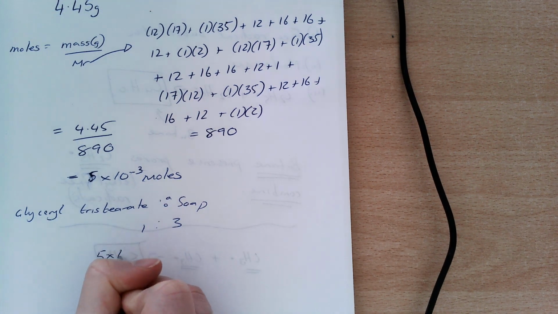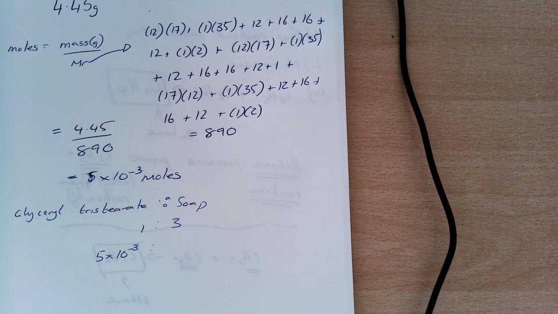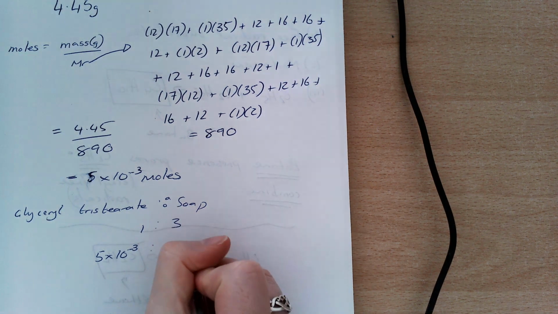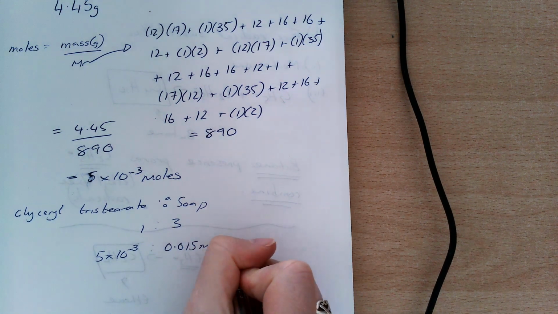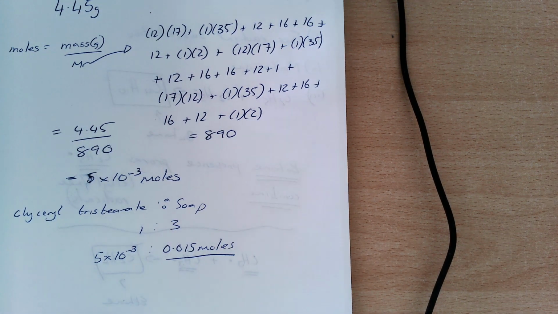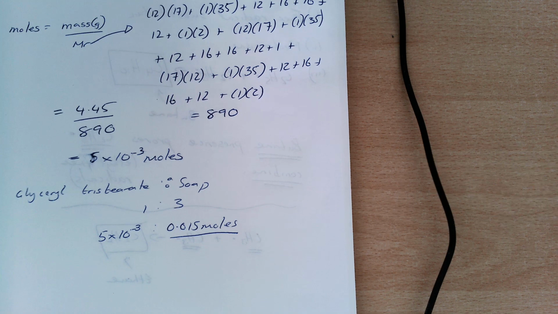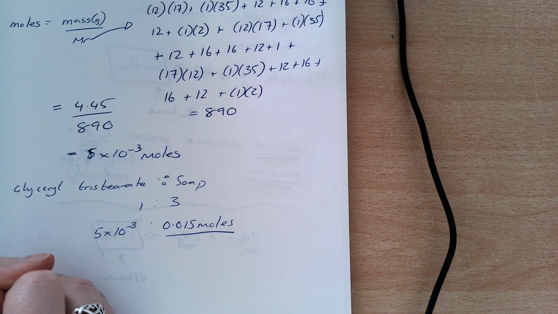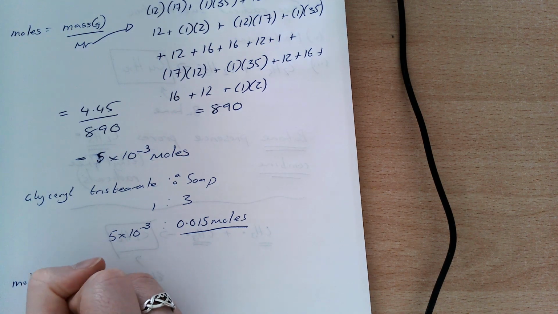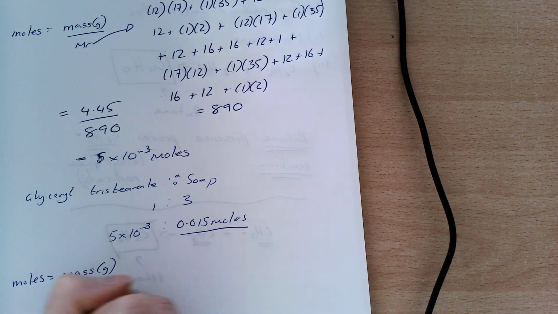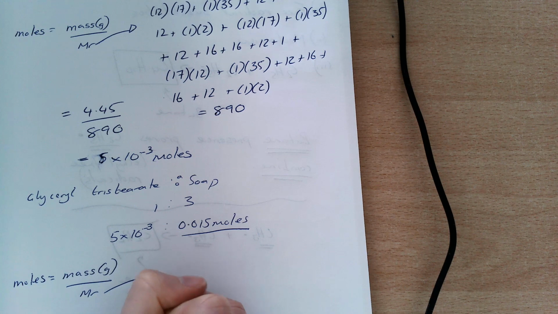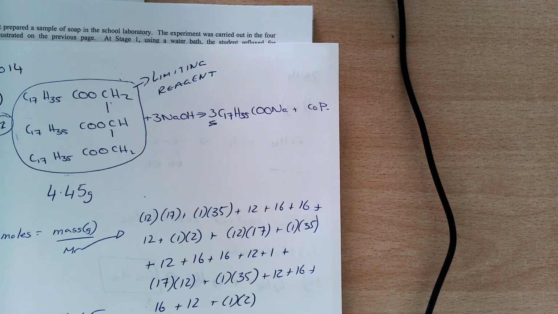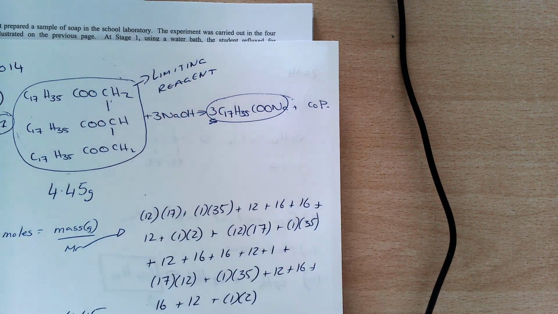So I have 5 by 10 to the minus 3 moles of my glycerol tristearate, which means I have 0.015 moles of my soap. You are then asked the maximum amount in grams of that. So I have my number of moles equals my mass in grams divided by my relative molecular mass, and I'm looking for my relative molecular mass of soap.